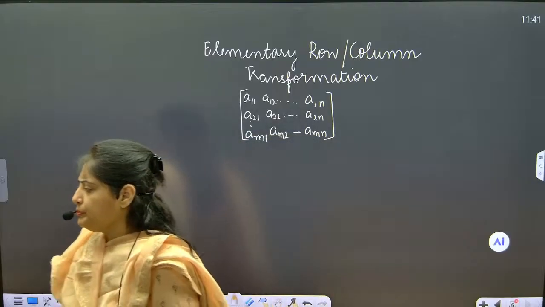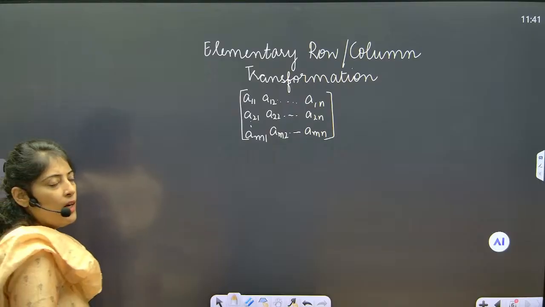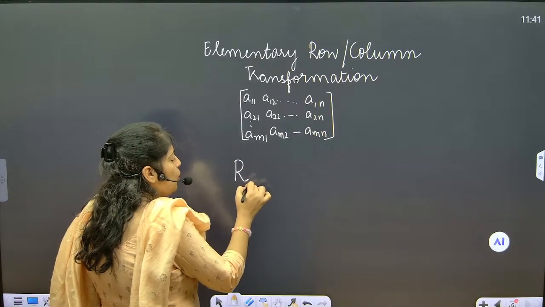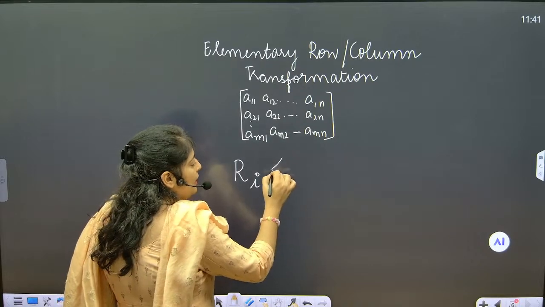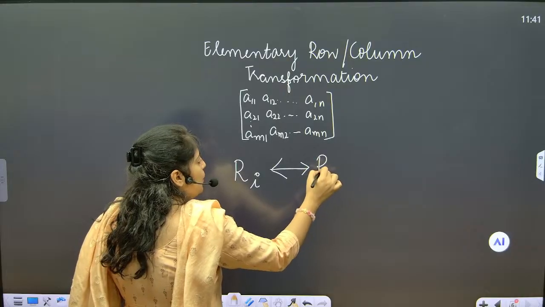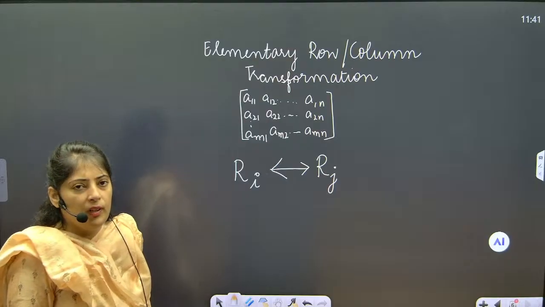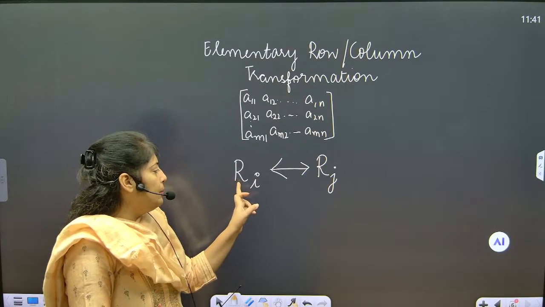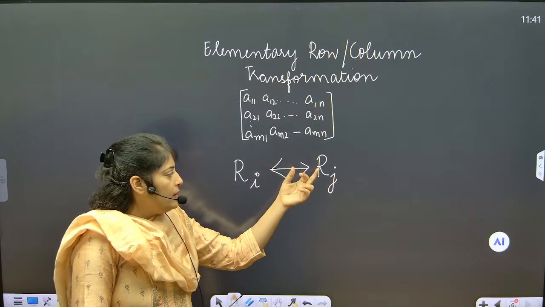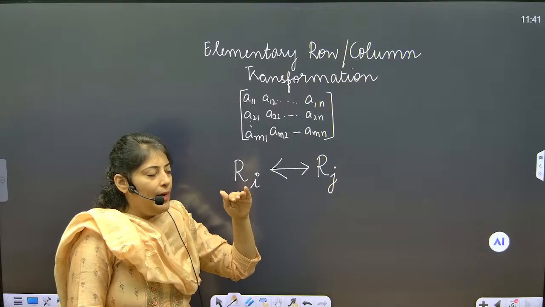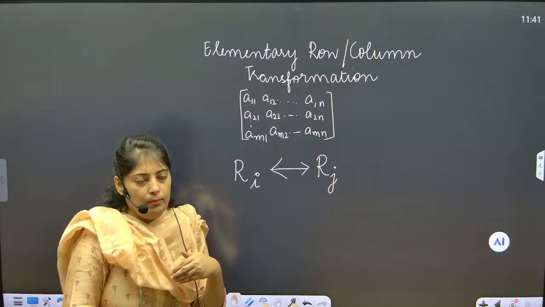Okay, these things are there. Any matrix is there. Now, any ith row can be interchanged with any jth row. If you are applying it to a column, ith column, then jth column should be there. Either you can apply it to the row or you can apply it to the column.